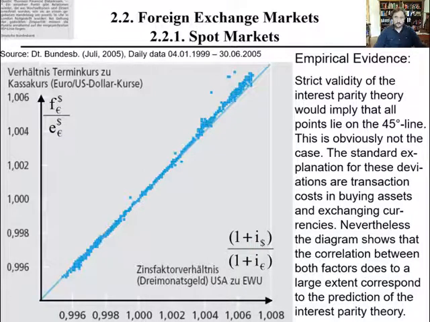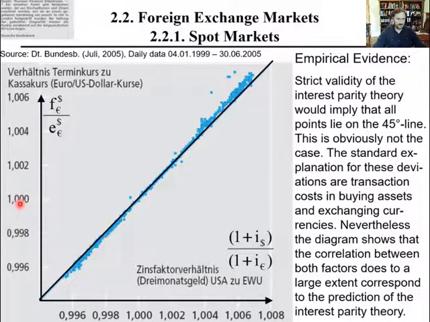The equation implies, of course, that all observation points lie on this 45-degree line. This 45-degree line is the bisectrix of this 90-degree angle of the diagram. It mirrors all points on the x-axis to the same points on the y-axis.